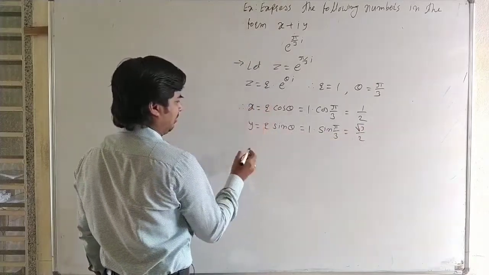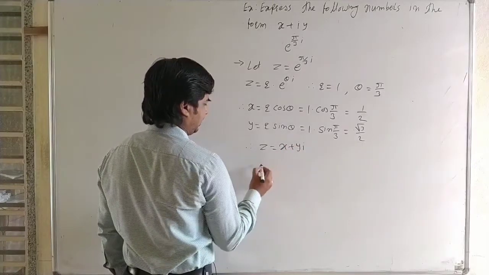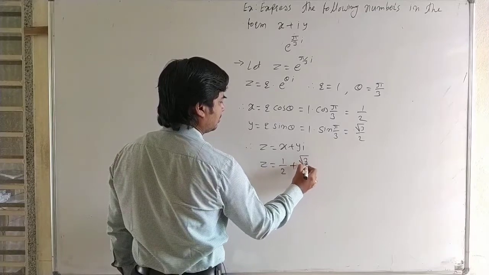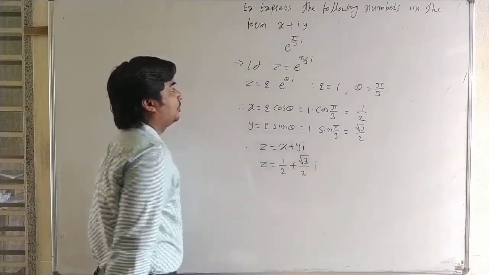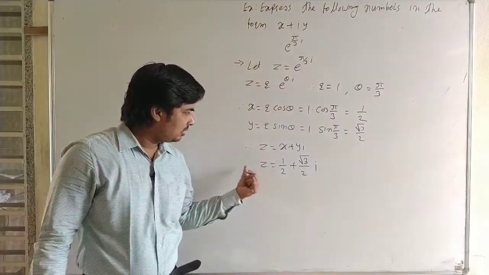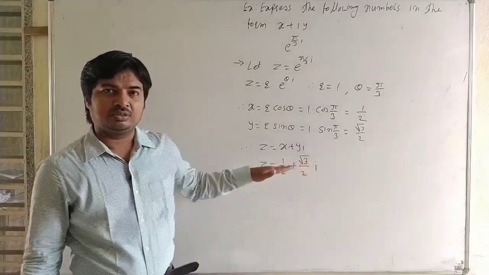It is the value of x and y, and therefore z is equal to x plus yi, that is 1 by 2 plus root 3 by 2 i. Here the given number is in the exponential form, we write it in the complex form z is equal to x plus yi. It is a complex number.